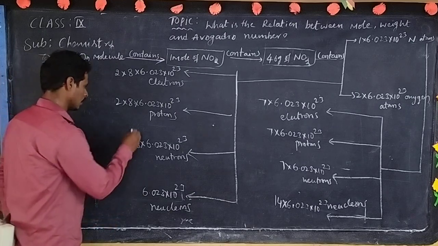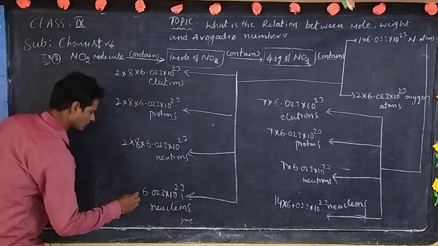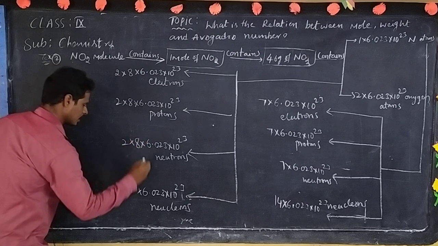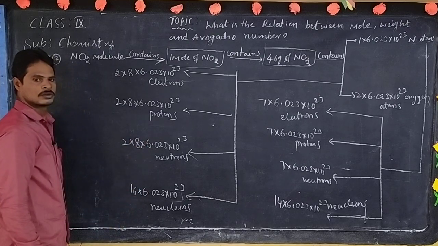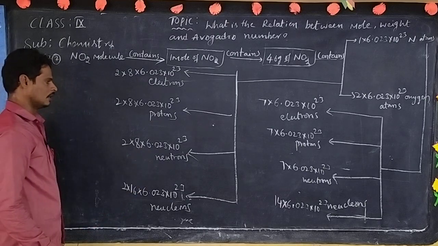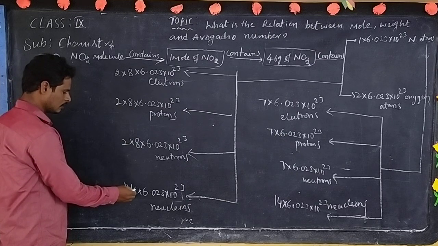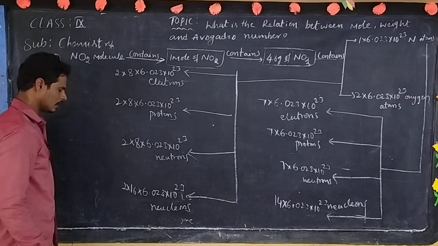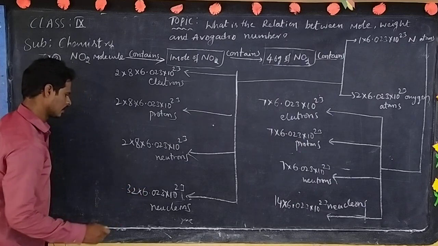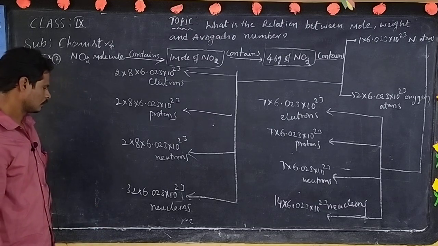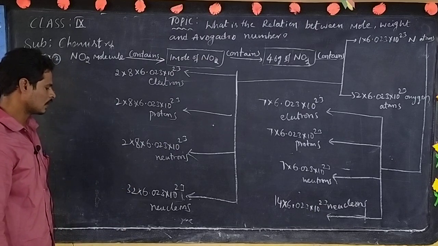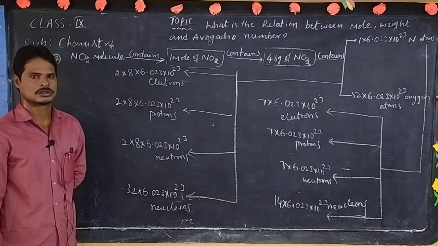Now observe, we should write into one oxygen 16 nucleons. 2 oxygens means 2 into 16. One oxygen equals this one, 2 oxygens equal this one. That's why we should write 16 into 2, 32. Total 32 into 6.023 into 10 to the power 23 nucleons.